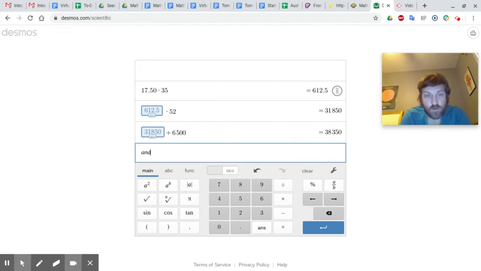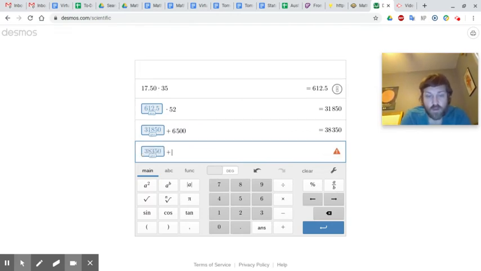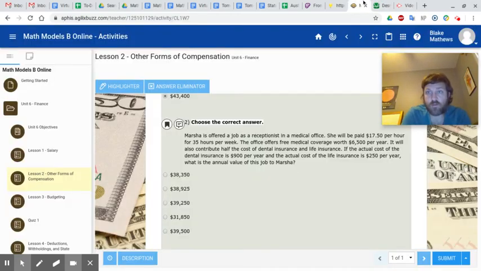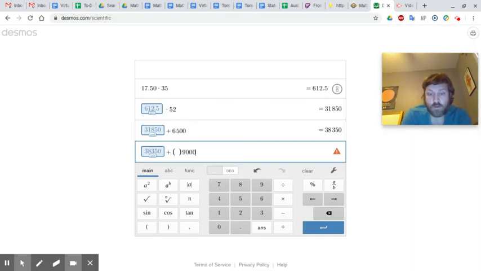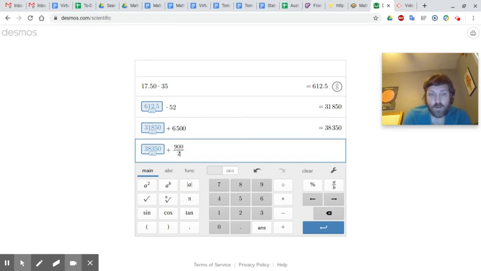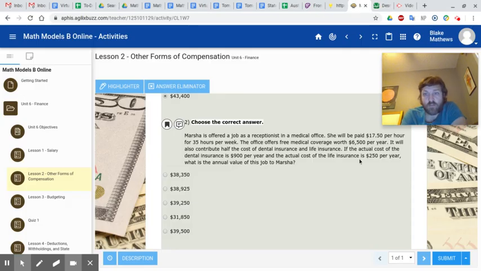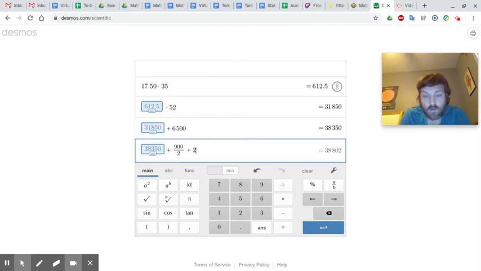So answer plus half, so I can just do 900 divided by 2. I'll just do this all in one line. So I did 900 divided by 2. That's going to add. And then I'm also going to add the cost of the life insurance, which is $250 per year. And they're going to pay half of that as well. So I'm going to add 250 divided by 2.